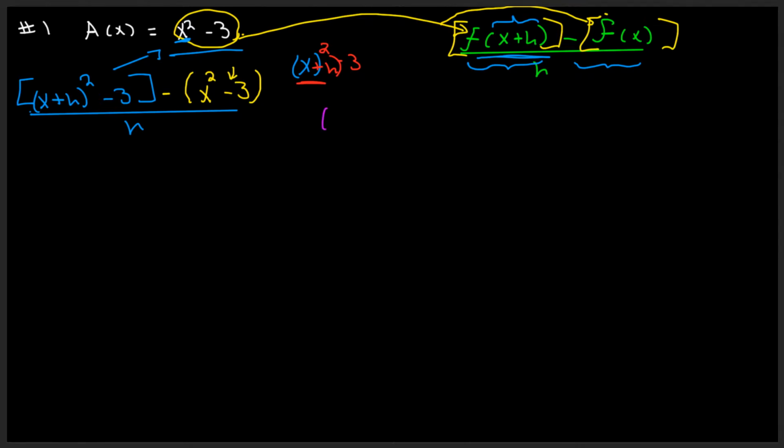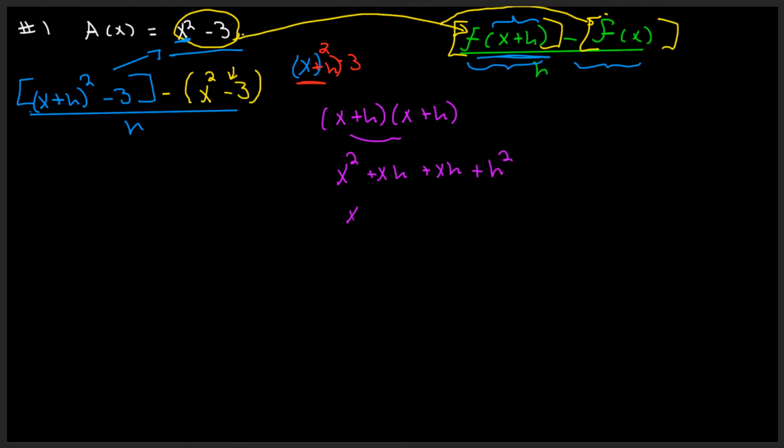Well, you can think of it as x plus h times x plus h, if that simplifies it for you. x times x is x squared. x times h is going to be xh. And h times x, well, we'll just write in the same order, xh, rather. And the final term of foiling this out is your h squared.